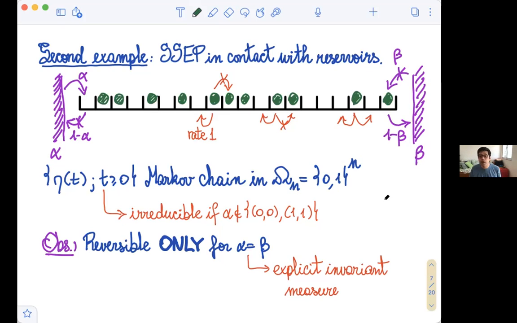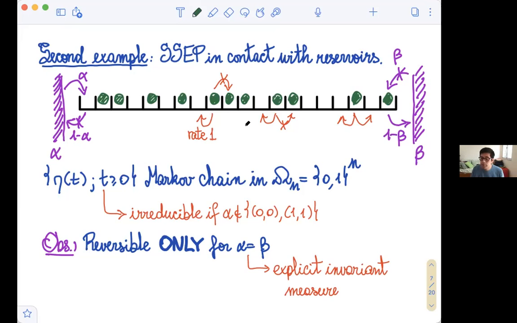And how does this dynamics work? We have a line of length n, and you put particles on it. If there is no particle, I write 0 at the corresponding site x in this line, and I write 1 if there is a particle. Then these particles just perform simple symmetric random walks.